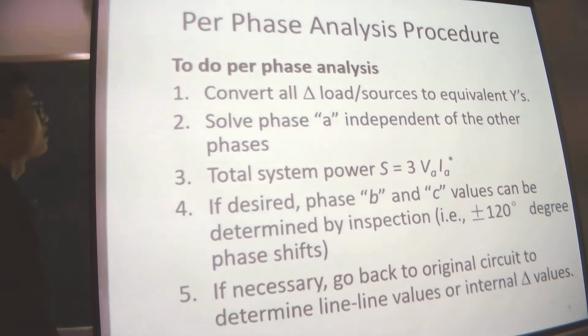So this is the analysis. The first step is to convert delta to equivalent Y connections. That's what we did 7 days ago. You use these equations directly to do the conversion.